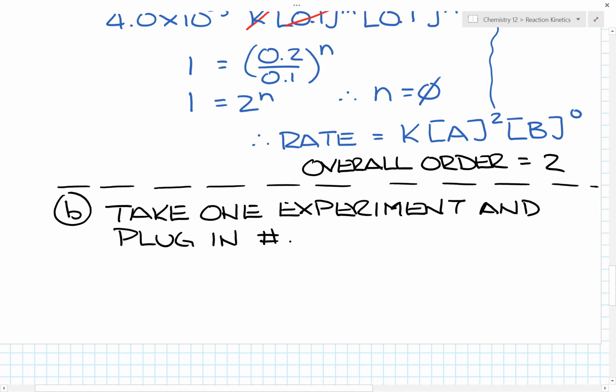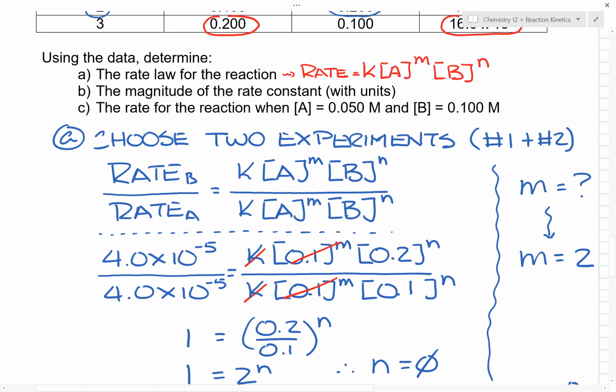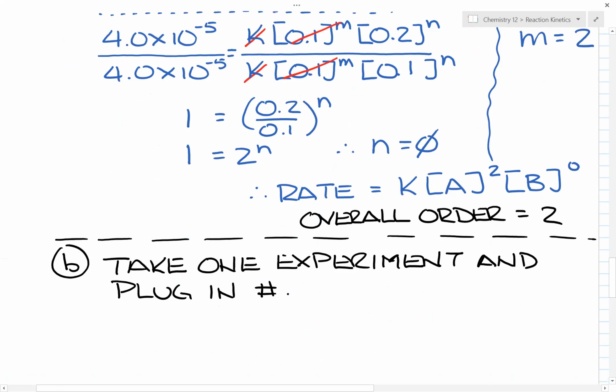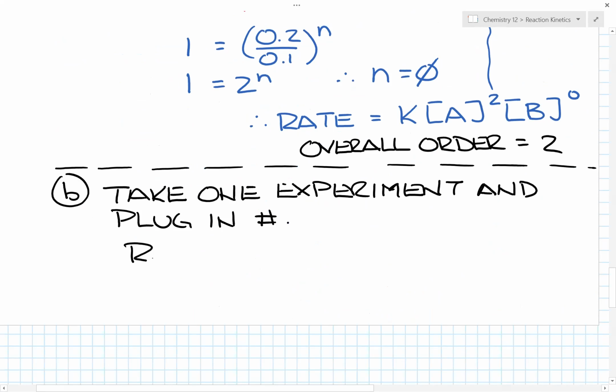Okay, so just for simplicity's sake, I'm going to take experiment number 1. So what I have is my rate is equal to K concentration of A squared, B to the power of 0.